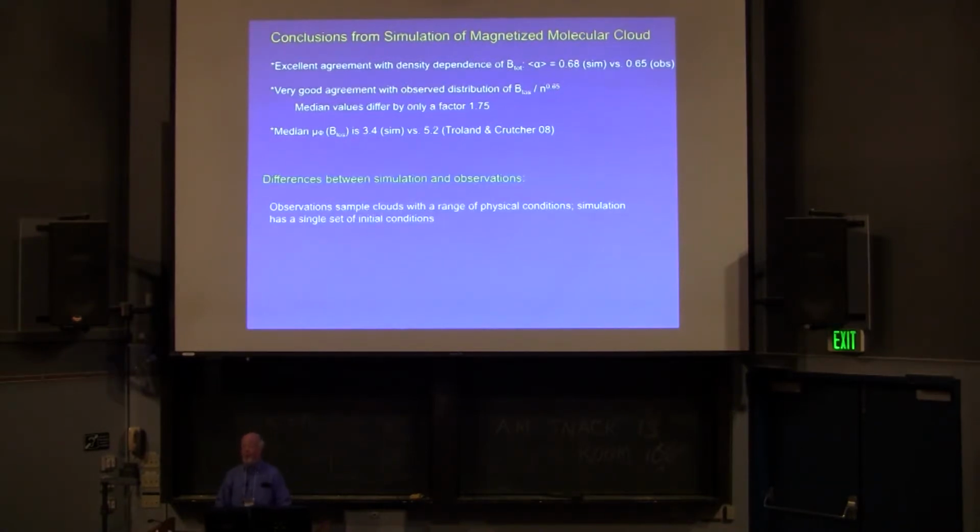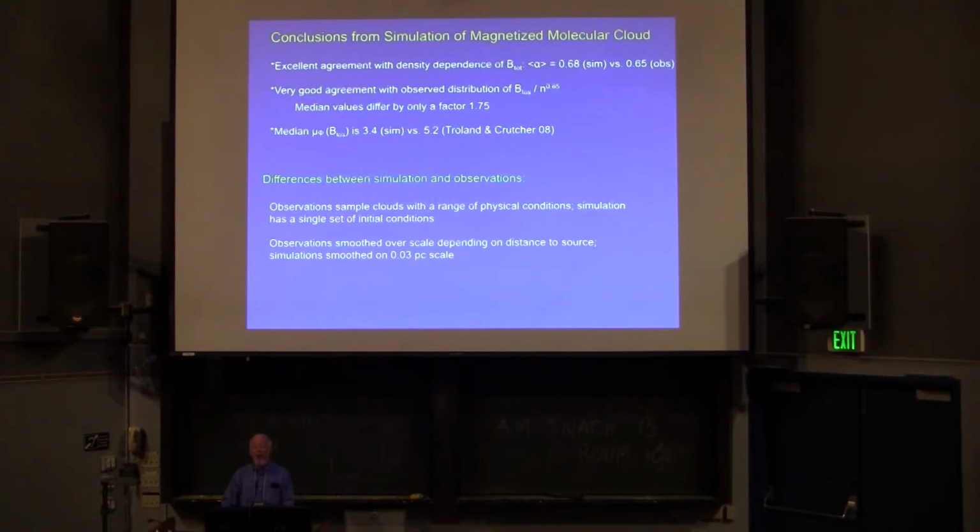Now, there are a number of differences, however, between our simulation and the observations. The first I've already emphasized: our simulation is for a single set of physical conditions, whereas the observations average over many clouds. There are very different kinds of clouds. Some of them are high mass star forming regions, some are low mass star forming regions. So it's just a complete hodgepodge.